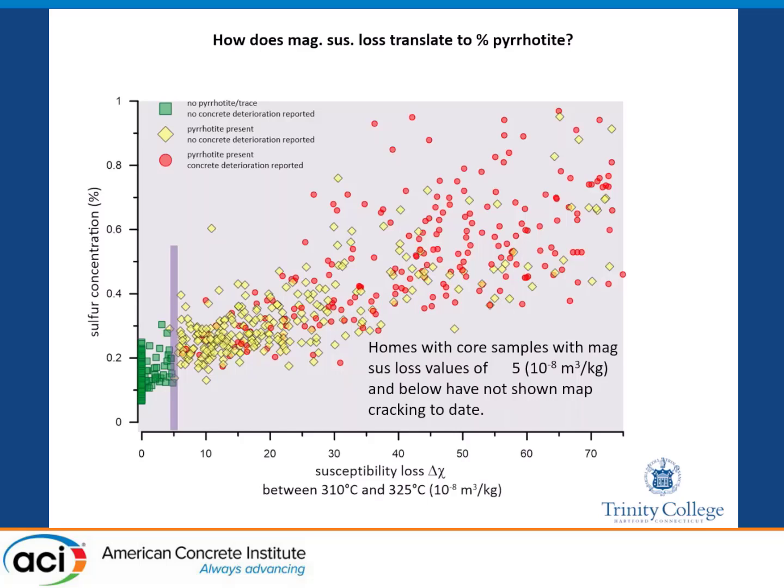Our first instance of this is right here at about 6, and the instances of map cracking increase as concentration increases. But there is this large swath of homes with very low concentration that do not show signs of any deterioration. And so this magnetic susceptibility value of 5 is essentially our cutoff for what we consider a trace concentration.